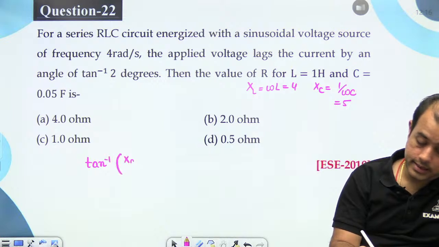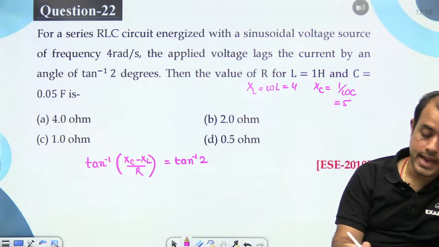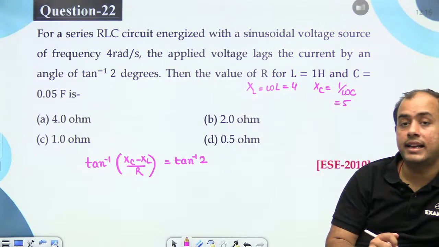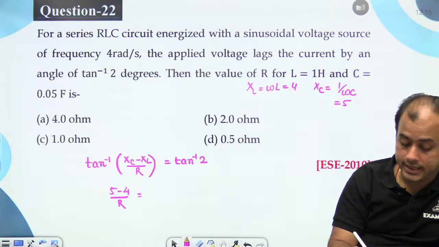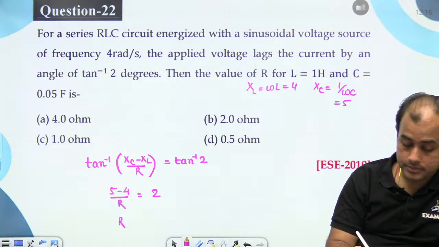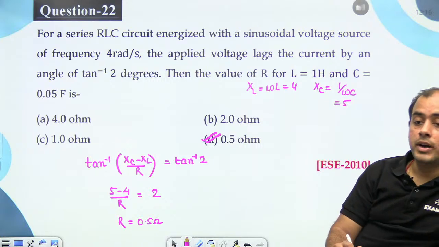Now tan inverse XC minus XL by R. Voltage is lagging the current ना, it means current leads the voltage. वोल्टेज करंट से लैग कर रहा है, इसका मतलब है करंट आपका लीड कर रहा है. R is 0.5 ohm. D. R will be 0.5 ohm.